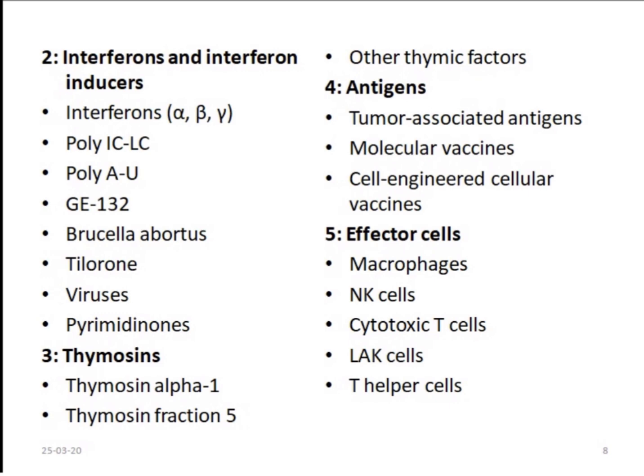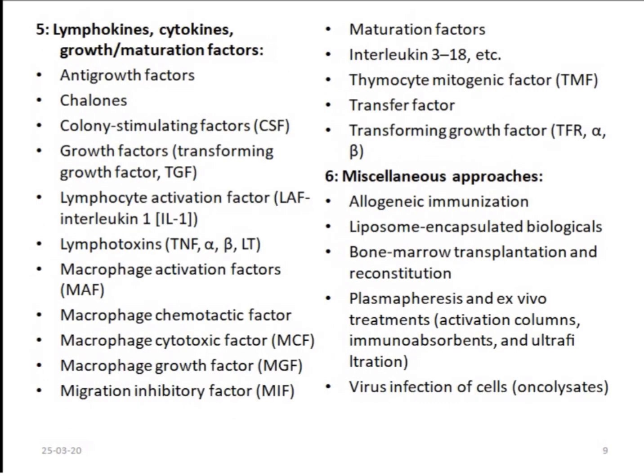You can see whole cells, the complete cells, can be used as an agent. Either macrophages or natural killer cells or cytotoxic T cells, LAK cells, T helper cells. So the entire cell will act as an agent and will be injected into the body to enhance the body's responses, right? Same way antigens are also there, which can be molecular vaccines or anything. So like that, these are the biological response modifiers.